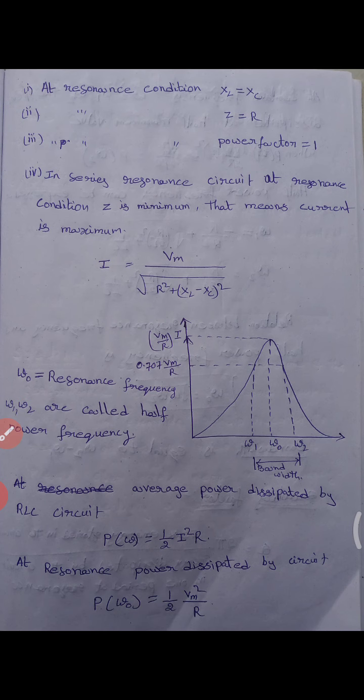Next, we have to observe some important points at resonance condition. At resonance condition, XL is equal to XC, that means the inductive reactance is equal to the capacitive reactance.